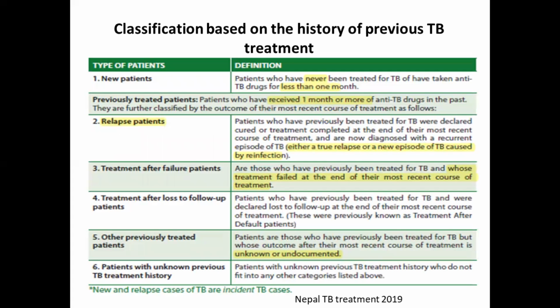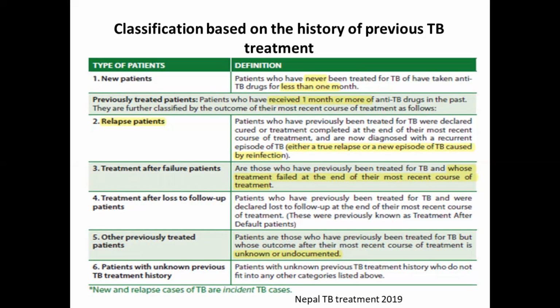Now, moving on to the classification. Before starting the antituberculosis treatment, you should know if the patient is a new case or a retreatment case. A patient is said to be a new patient if the patient has never been treated for tuberculosis or has taken antituberculosis drugs for less than 1 month.